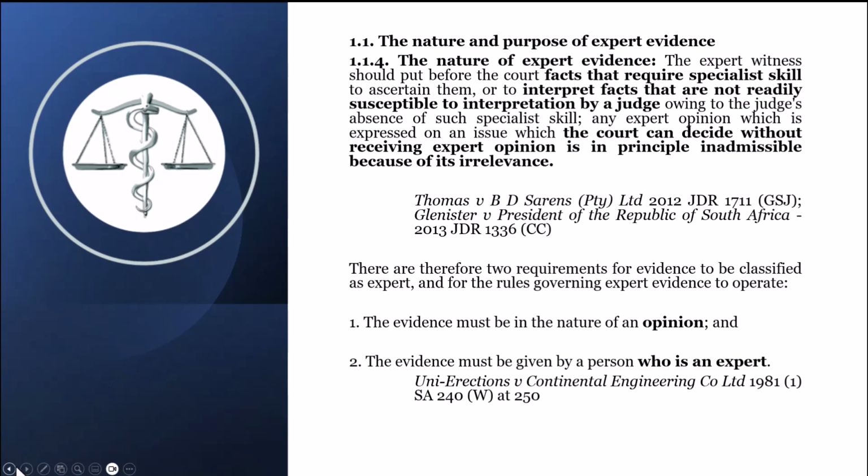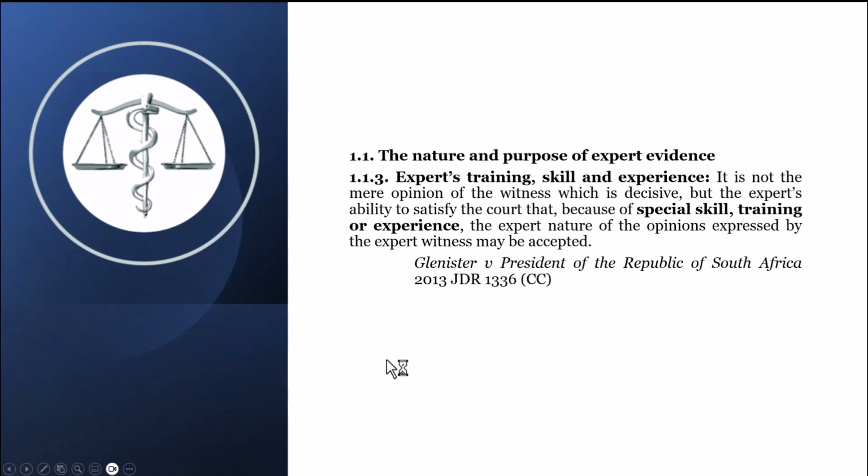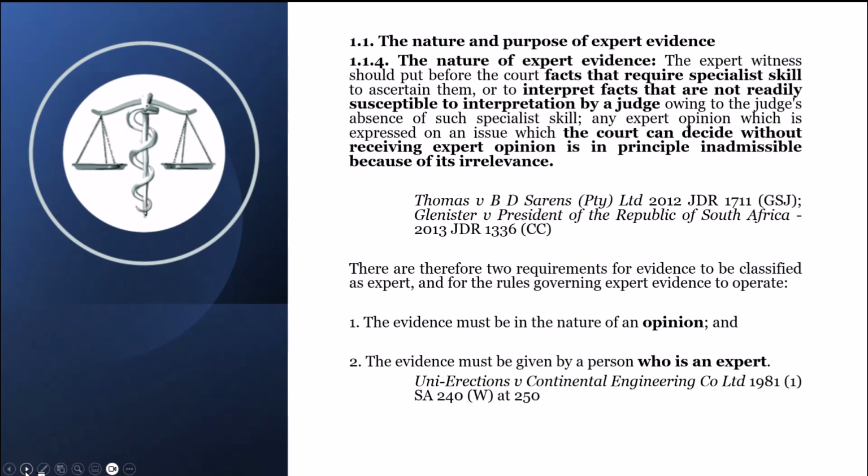I'm just going to cover that very last point first. Let's get it out of the way. Who is an expert? Remember, the expert is a person who has the relevant training, skill, and or experience. That's your gateway test, if you like. Once that gateway test is passed, then point 2 is covered.